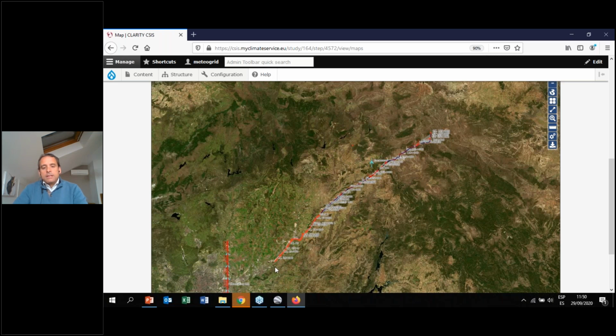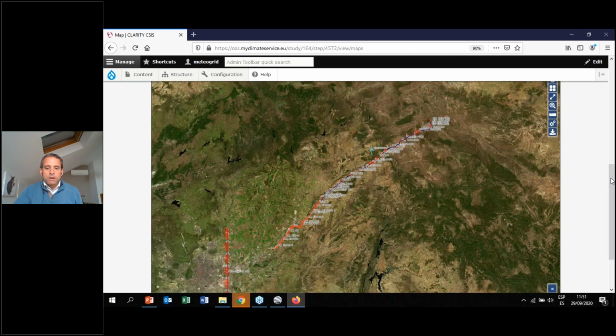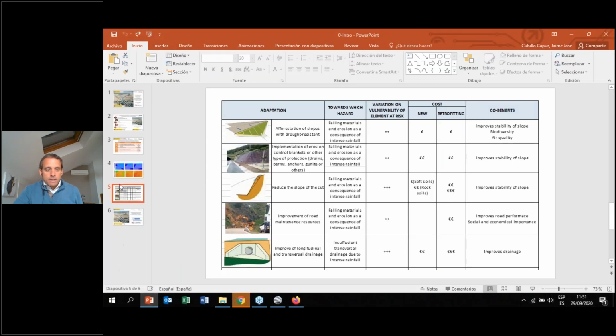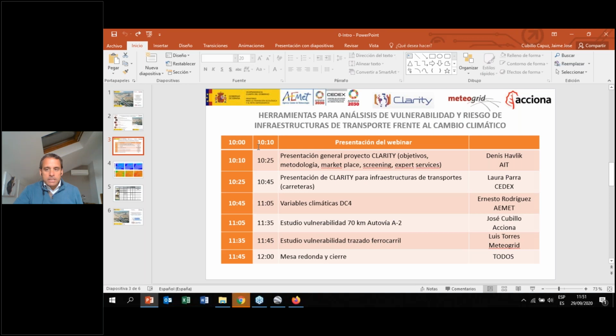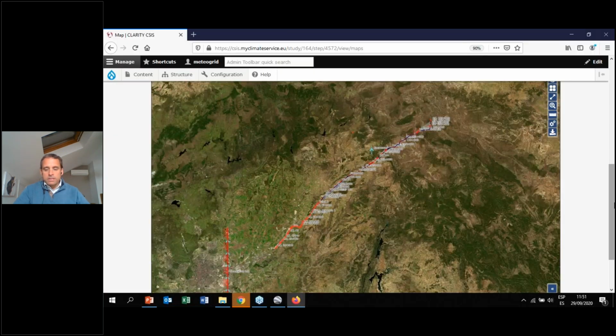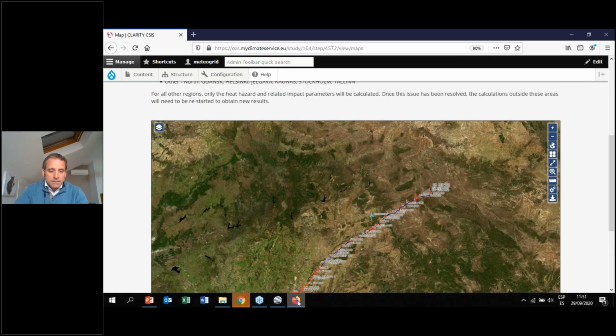It's also valid for road infrastructures and also for railway infrastructures. I don't know if you were planning also, Luis and Dennis, to make an approach to the railway example, but as I think we are behind schedule, I think we can skip it. Well, this is all from my side.